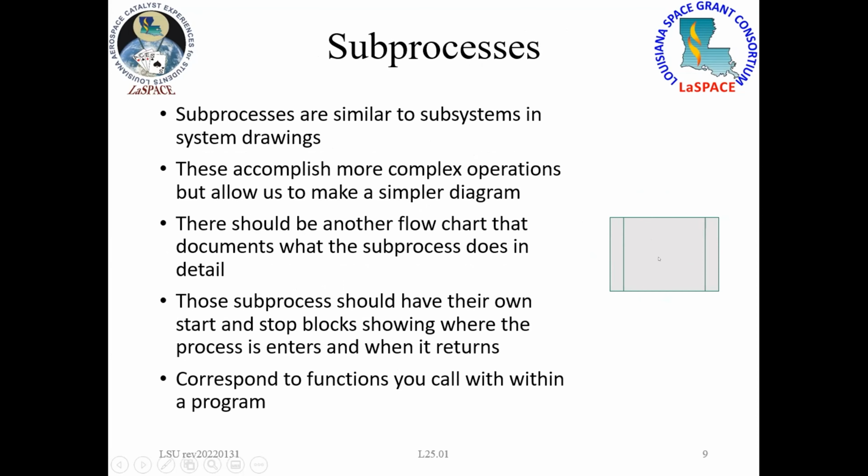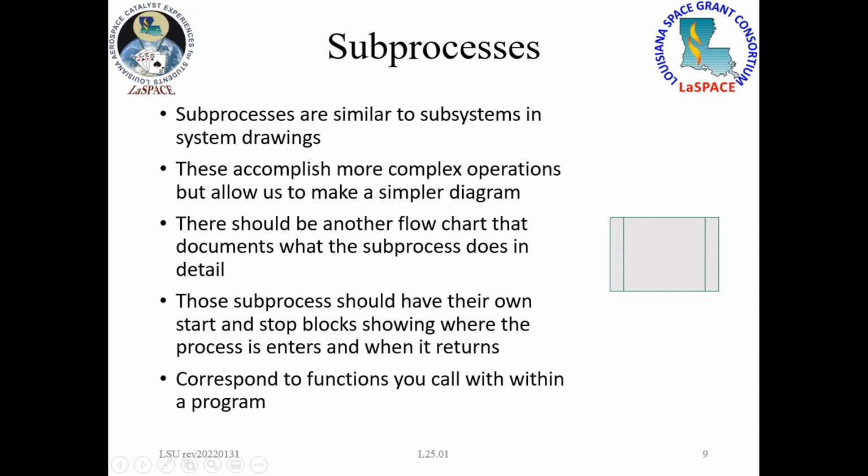So the subprocesses, like I said, they're similar to the subsystems that we just talked about. This is where you are going to have your complex operations that I want to group together to make a simpler, higher level drawing. But that means somewhere else, at least eventually, I should have another flowchart that details whatever happens inside this block.